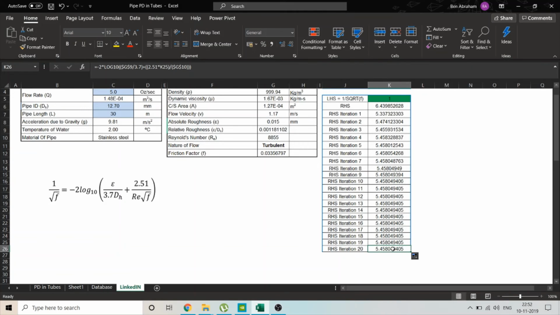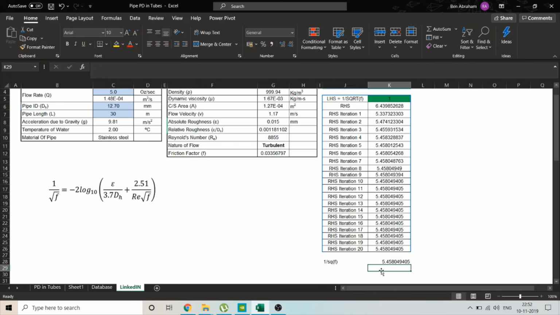Now what I'll do with this value is equate it to 1 by square root of f. So 1 divided by the square root of f is now going to be equal to this value. If I consider this as an equation, and I need to calculate the value of f, I just bring this value back down, or multiply this value on either side of the equation.